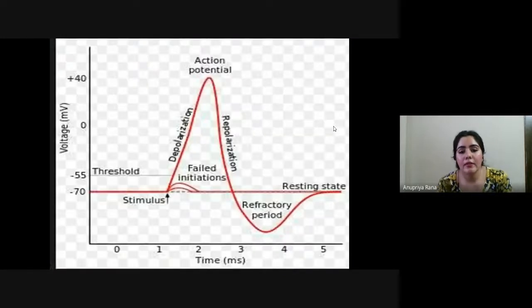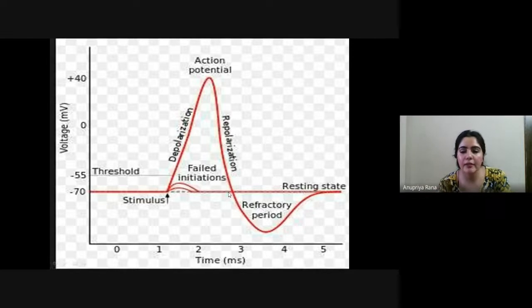You can see this. I think it will be easily understandable by the graph. These are the voltages and this is time. If the line goes straight at minus 70 millivolts, that is the normal resting state voltage, the membrane resting potential.